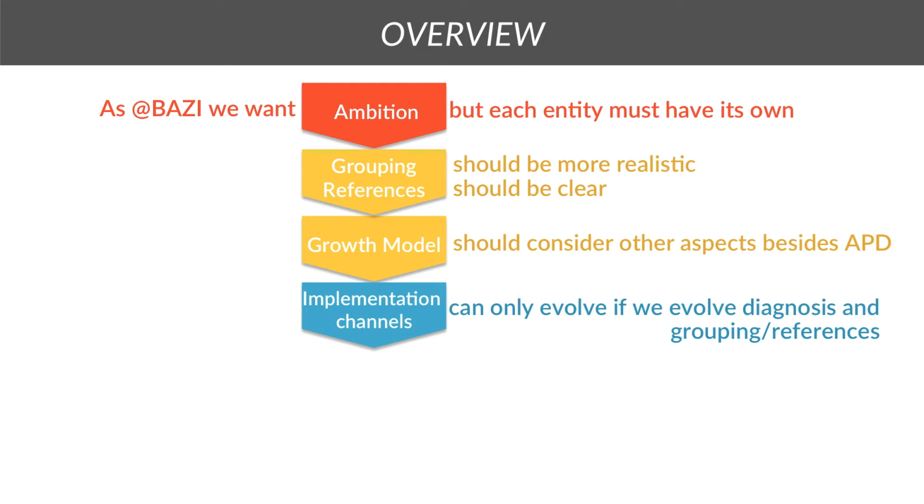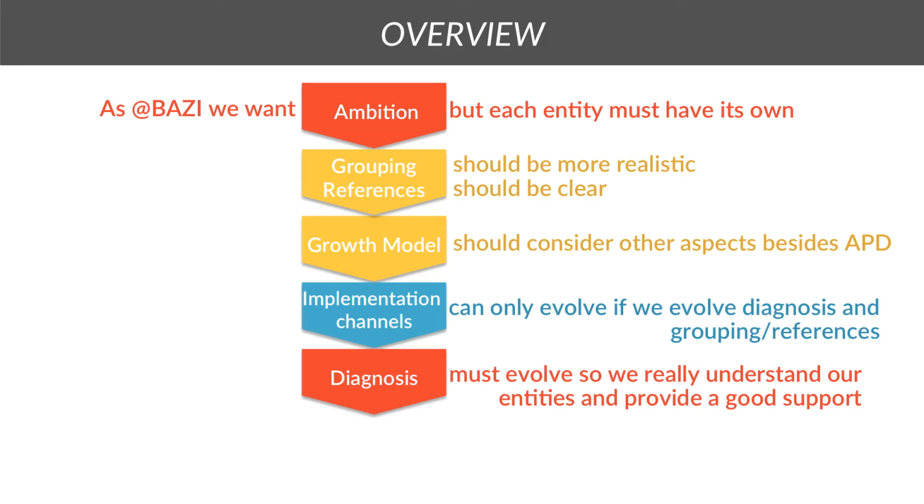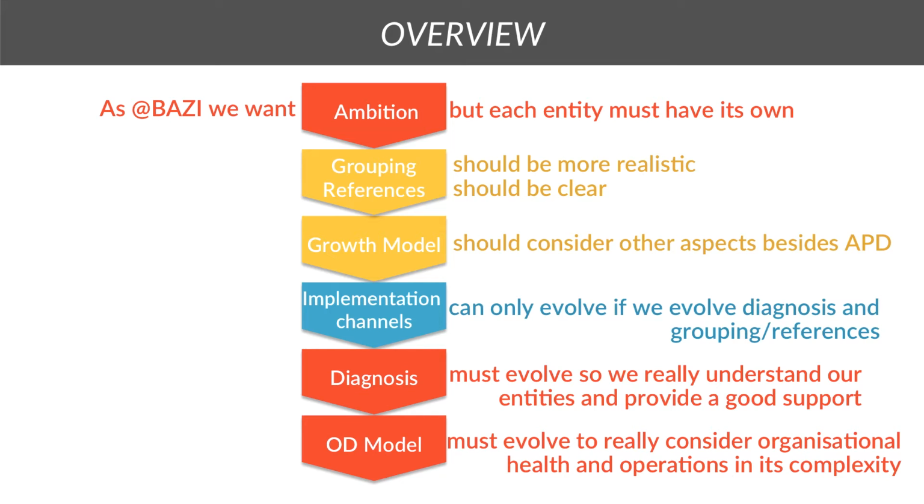The implementation channels can only evolve if we evolve the diagnosis, the grouping and the references. The diagnosis must evolve so we can really understand our entities and provide good support. And the OD model must evolve to really consider organizational health and operations in their complexity.